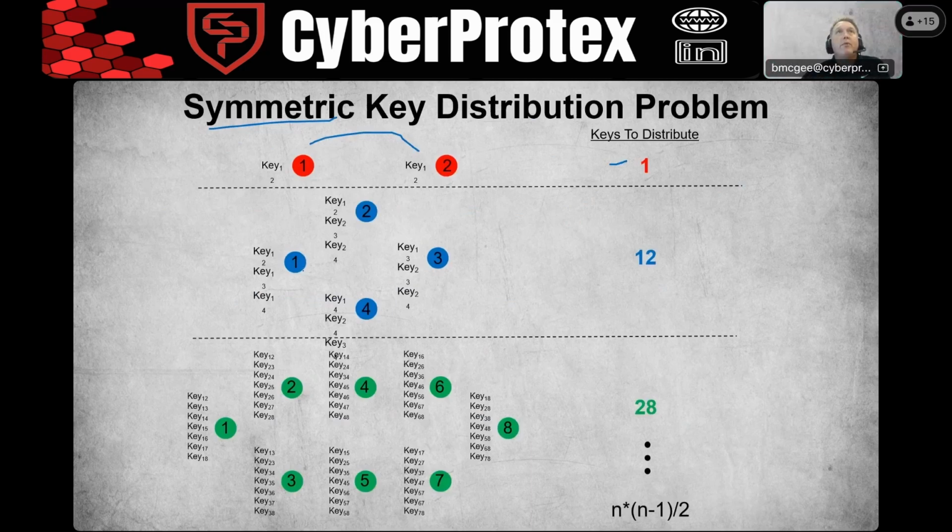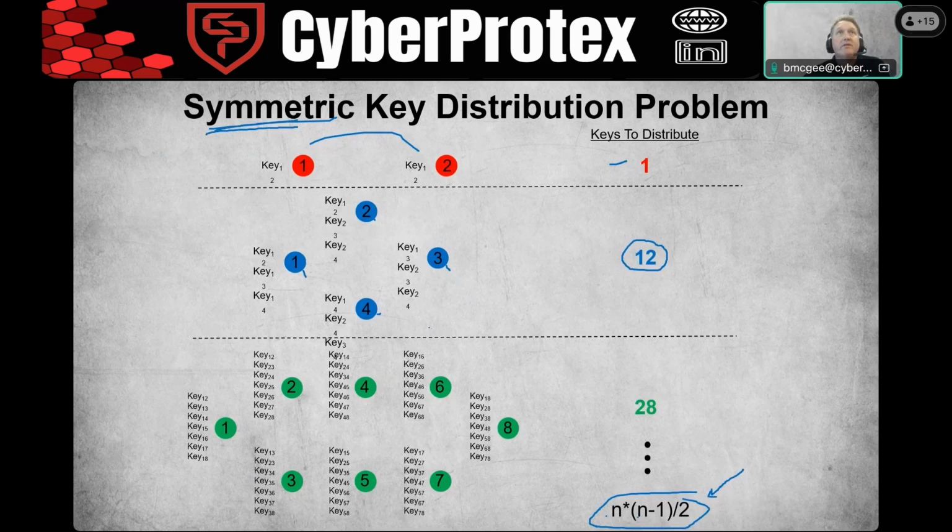If there are 4 people in this scenario right here, there would need to be 12 keys. If this is the first time you're seeing it, how do we do that? Well, the number of users is n, and then we take n times n minus 1, divided by 2, and that is the formula for getting the number of keys for symmetric encryption.